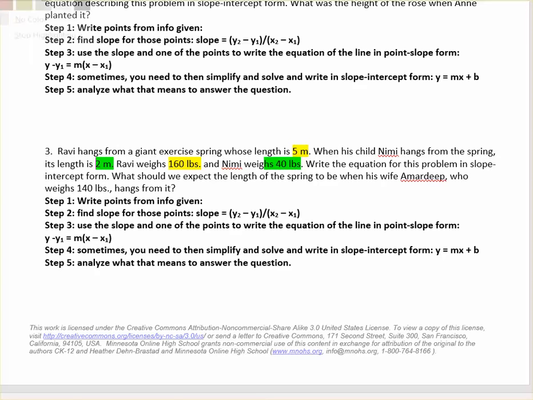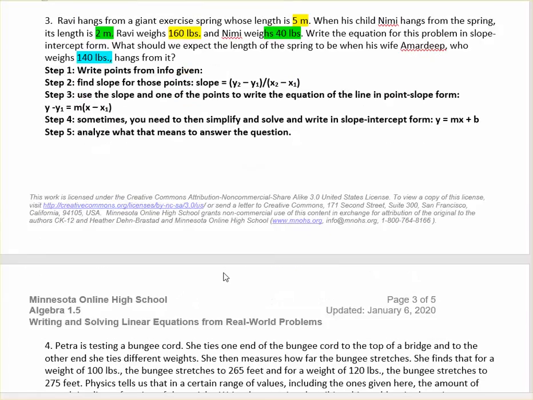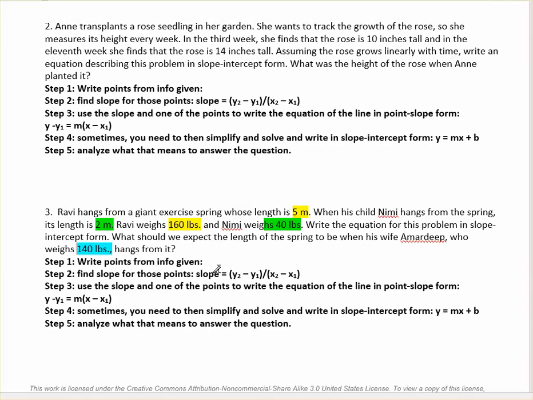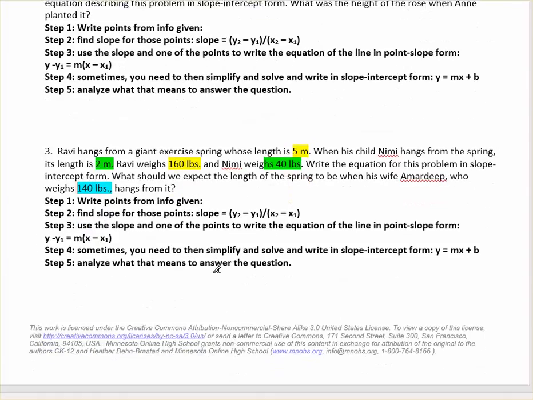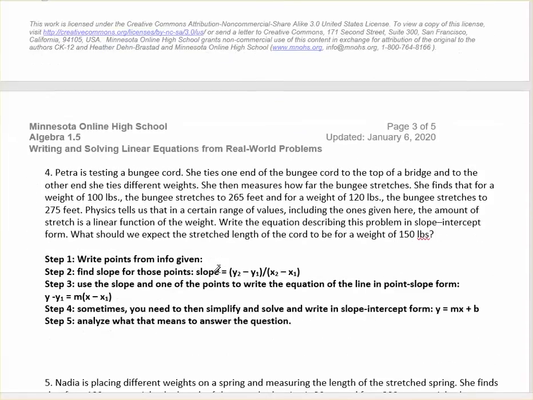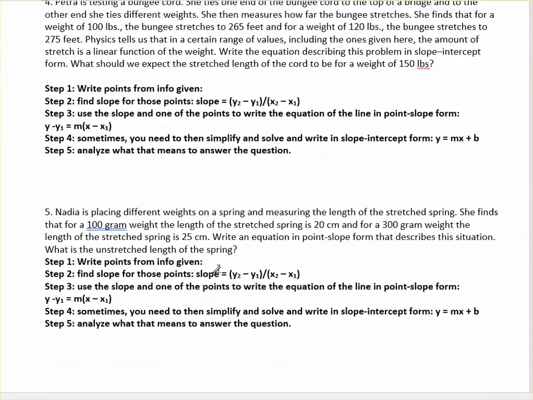So you're given some information that you can plug into the equation and then solve for the other variable. So very much like 2 and the example problem, just with different given information. Number 4 is similar, and so is 5.